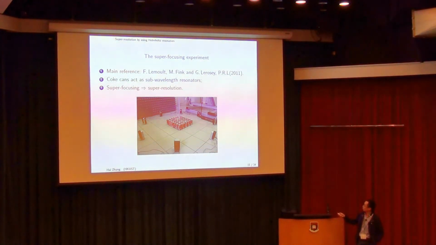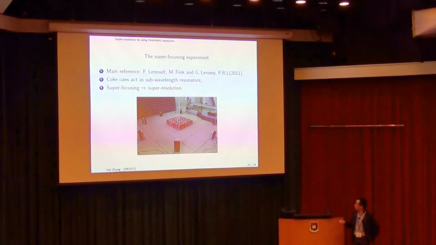This pulse is scattered by these cocoa cans, and the scattered wave propagates into the far field, where it is recorded. In the second step, the recorded signal is time reversed and then emitted through these speakers into this medium to form a focus spot at the location where the source is located.